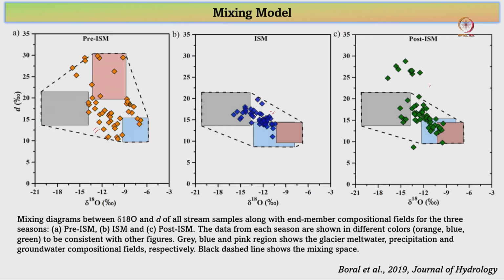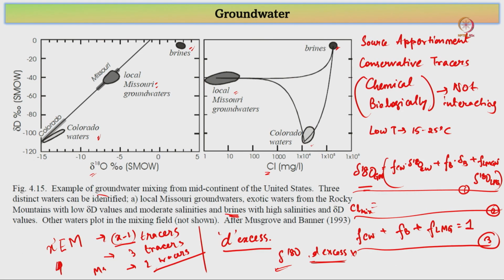What I also included is that for any kind of end member, for instance groundwater, mountain ice melt water or snow melt water, or even brines, depending on the end member, they can have a natural variation.